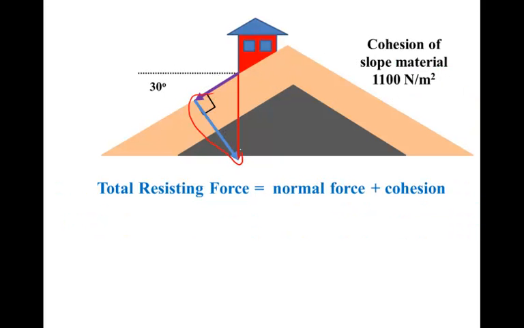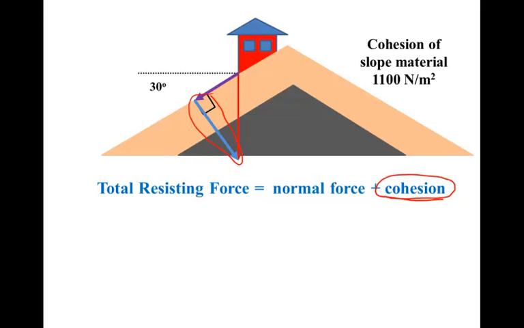The normal force is just one part of the total resisting force. There's an additional component due to the cohesion of the slope material itself. Cohesion is, of course, the ability of the material to stick together. That is resisting movement.